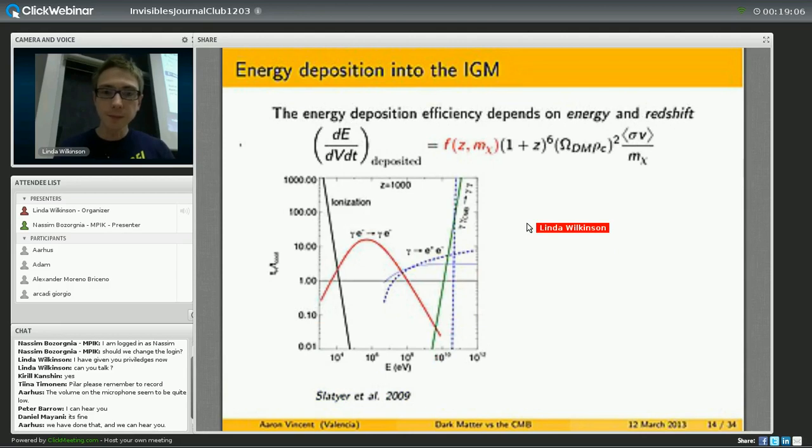So, like I've said, this energy deposition efficiency depends on energy and also depends on redshift. So if you take one slice, this is at a redshift of 100, and this is the inverse of the cooling time, the y-axis here, which you can just see as the energy deposition efficiency. So at very high energies, you can see this is for a photon that's traveling through the intergalactic medium.